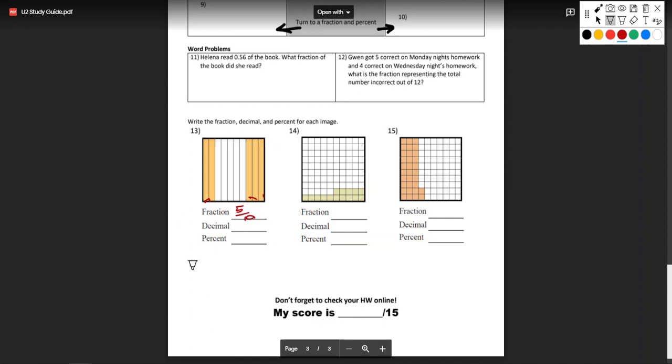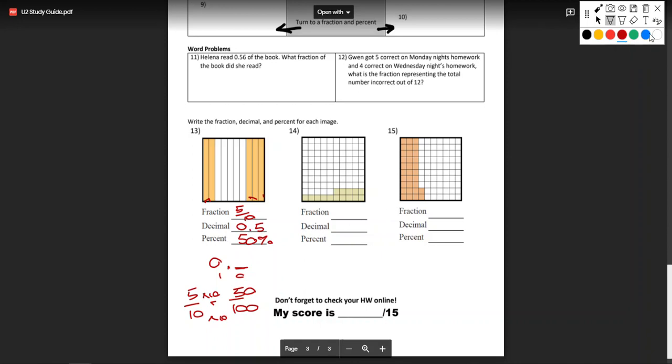The decimal for 5/10, the place value, is right behind the decimal point, so that's going to be 0.5. And then for the percentage, you could either take 5/10 and make it a denominator of 100, or you could move that decimal point 2 places towards where the percent sign goes. Either way, you'll end up with 50 over 100, which is 50%.